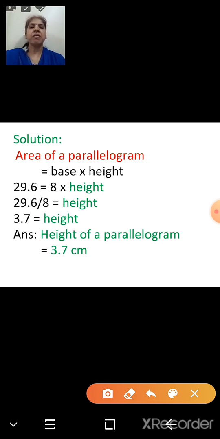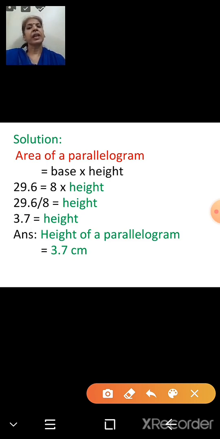In place of area, 29.6 is equal to base 8 into height. Then we will take 8 to the other side of the equality. So it will become divide by. It is 8 multiplied by height, so 8 will go to the other side and become divide by. So 29.6 divided by 8.